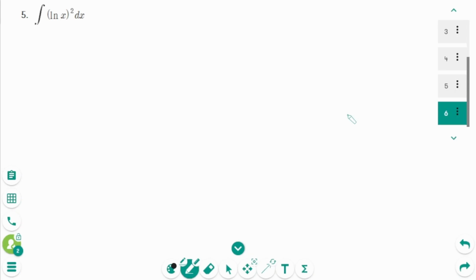This is the last one. This question is similar to question 3. So 1 is here and use repeat. Then u is ln x squared. Then dv is dx.